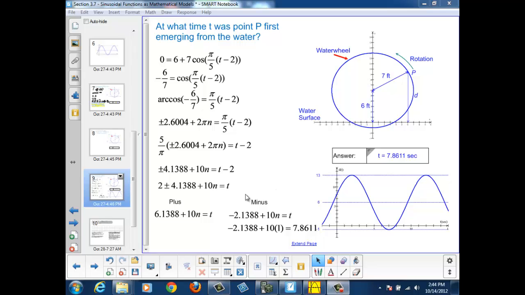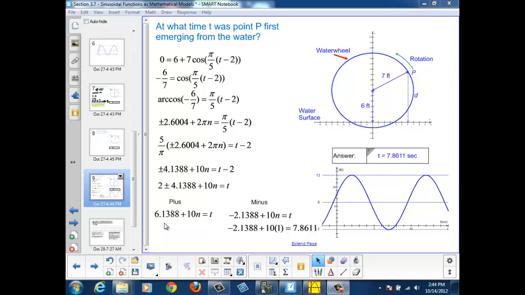You'll notice at the bottom that the second to last step is to split our equation into two options, the plus and the minus, and then determine which value is the appropriate value for this location here on our graph, where we are emerging from the water for the first time, or rising up through the horizontal axis.